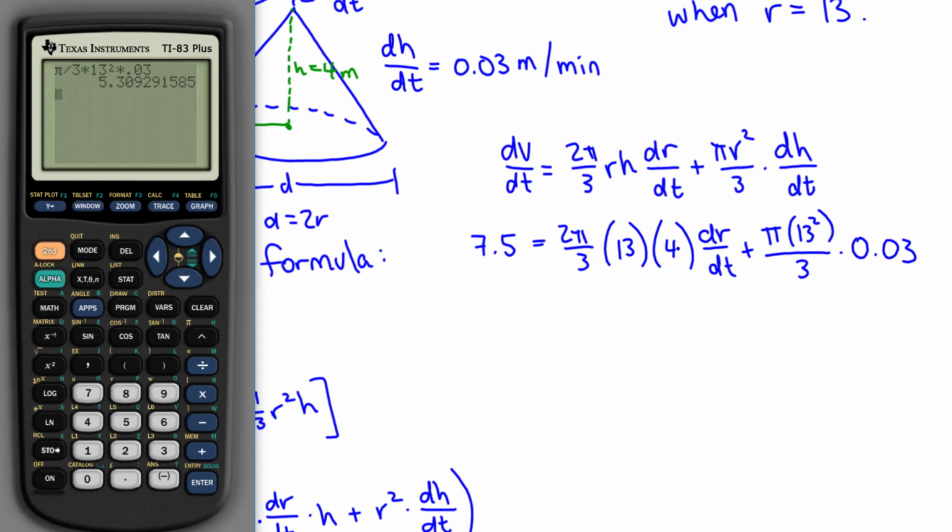So 7.5 equals, actually, you know what? Let me just go ahead and get a decimal here too. So this would be 2 pi over 3 times 13 times 4. So this is 108.909 dr dt plus this decimal came out to 5.309.